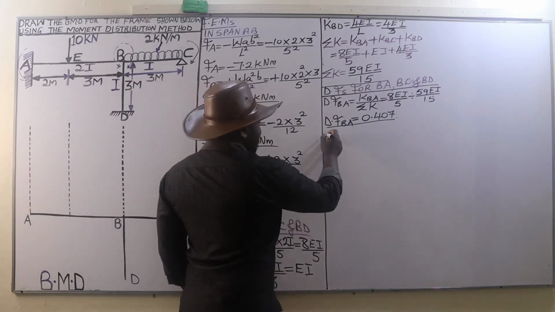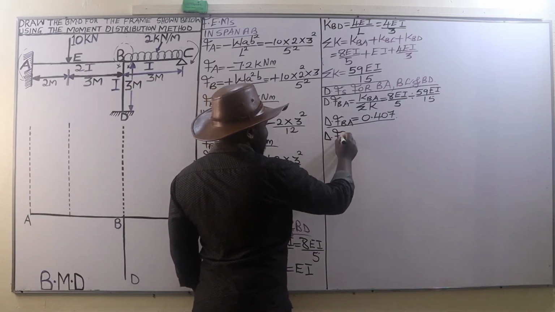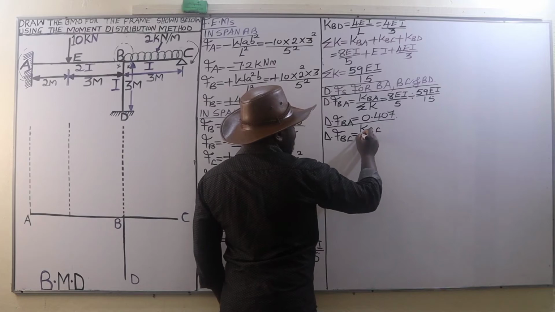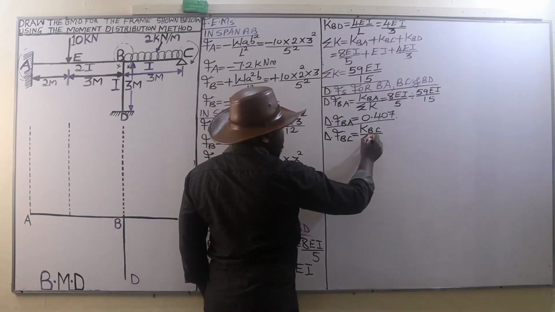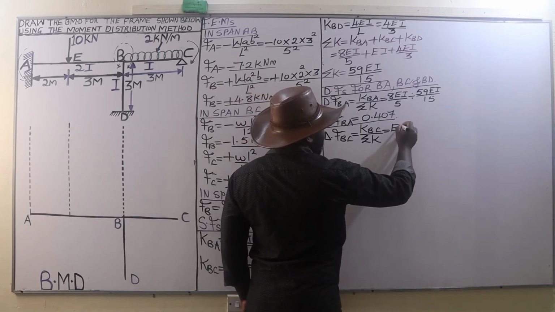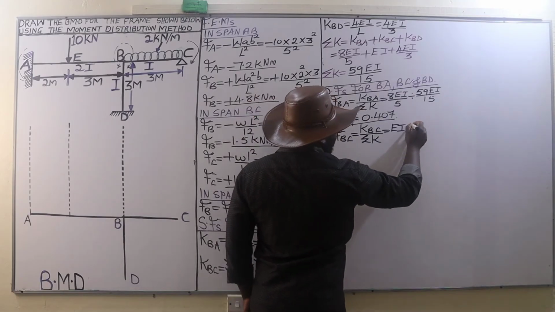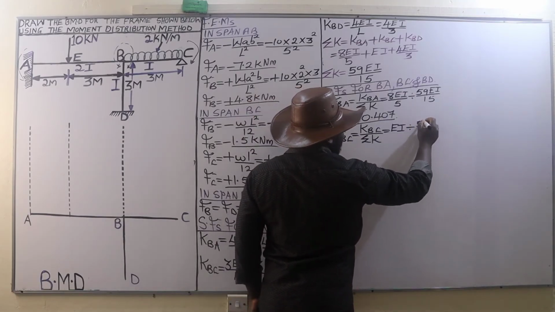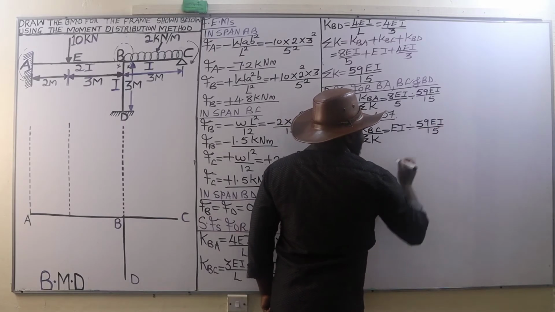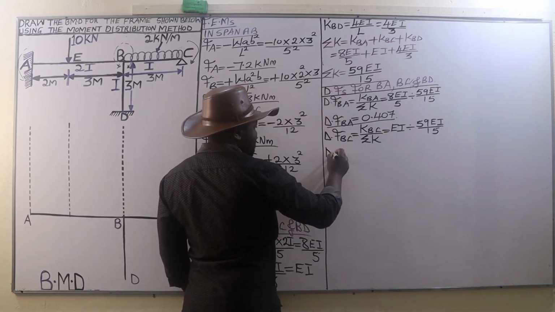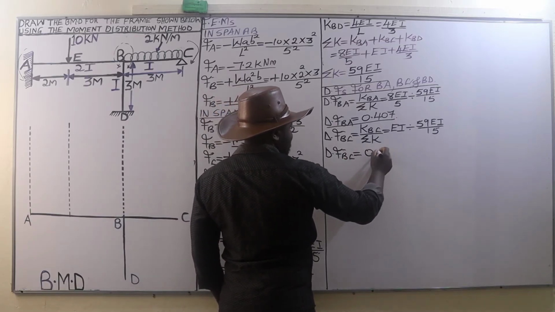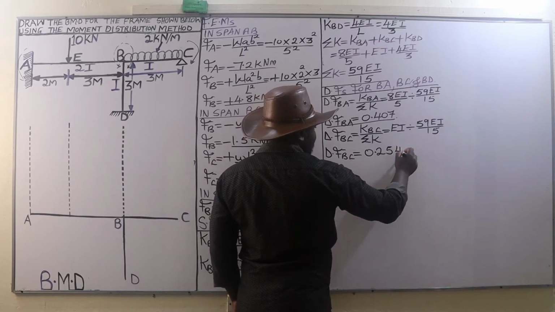So that is DFBA. Then you go to the distribution factor for member BC. That will be given by the stiffness factor for member BC, KBC, divided by the summation of stiffness factors. This will be EI divided by 59EI over 15, and that gives us a distribution factor for member BC of 0.254.